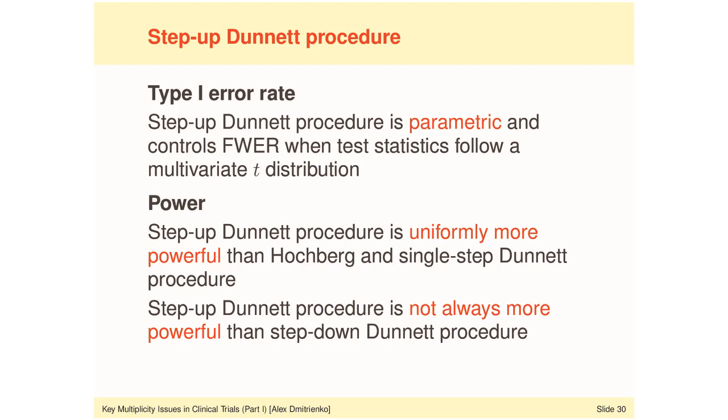And as you remember from Module C, when we studied non-parametric and semi-parametric procedures, the step-up procedure, which was the Hochberg, was always more powerful than the step-down, which is the Holm procedure. However, this relationship between step-up and step-down procedures is not applicable in the world of parametric procedures.